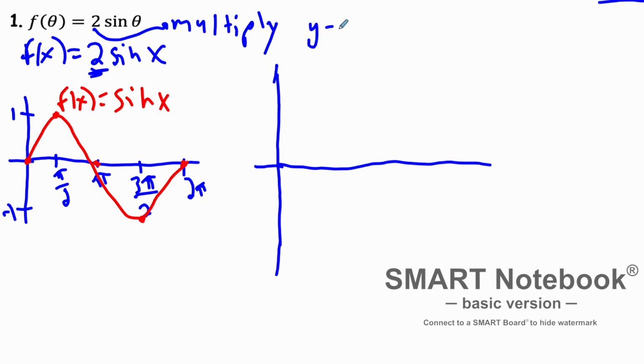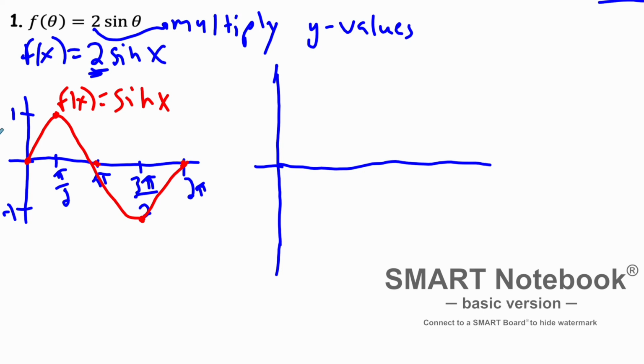We're going to multiply the y values by whatever number is here, regardless of the number. It could be a 2, it could be a -4 like in the next problem, it could be a 1/2, it could be a 10, whatever. Multiply it.